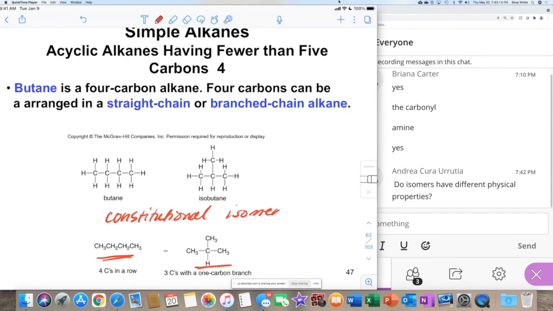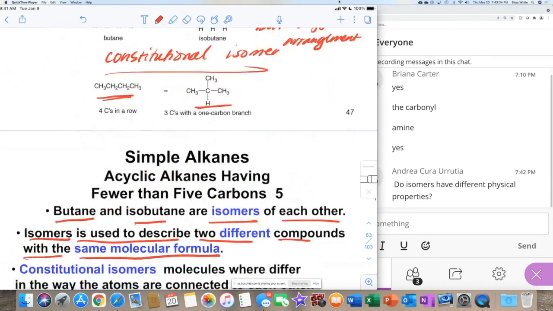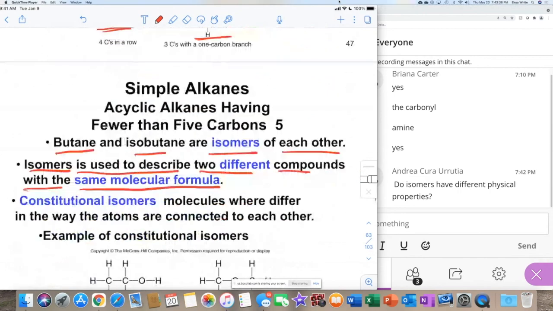We know for sure they have the same molecular formula, we checked, but different arrangements. And many times with these, the name will be different too. It will be a more obvious difference. So we'll look at scenarios where the names are very, very similar, right?